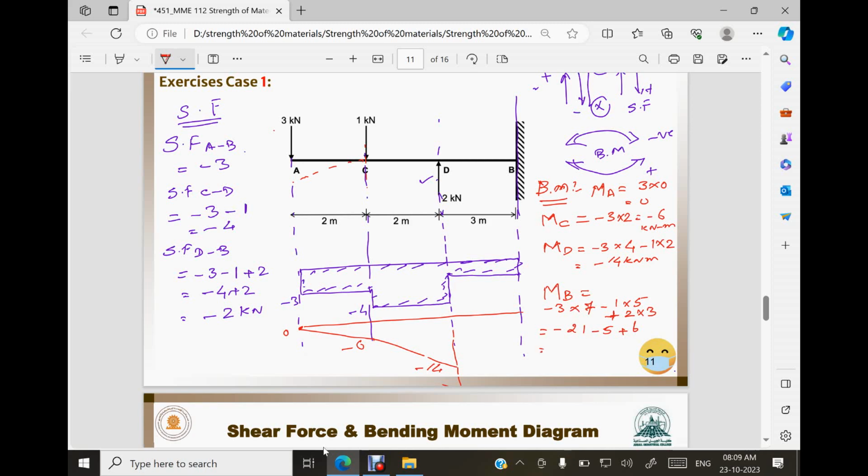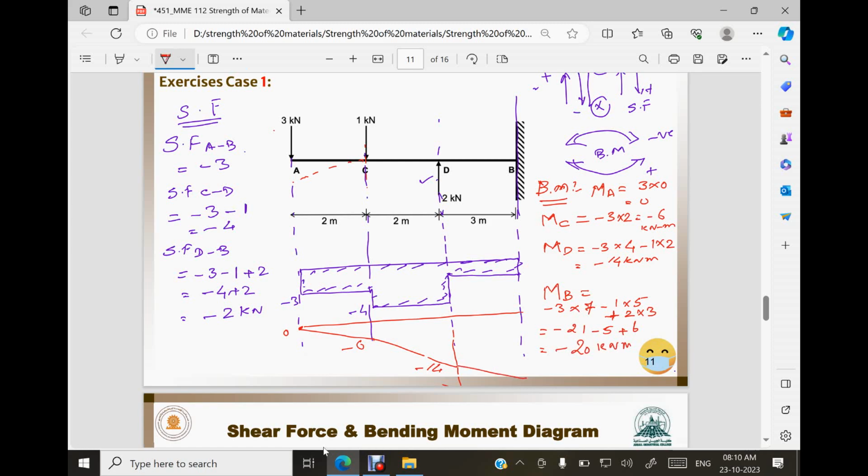That becomes minus 21 minus 5 is minus 26, plus 6 is minus 20 kilonewton meter. So you have got minus 20 kilonewton meter.